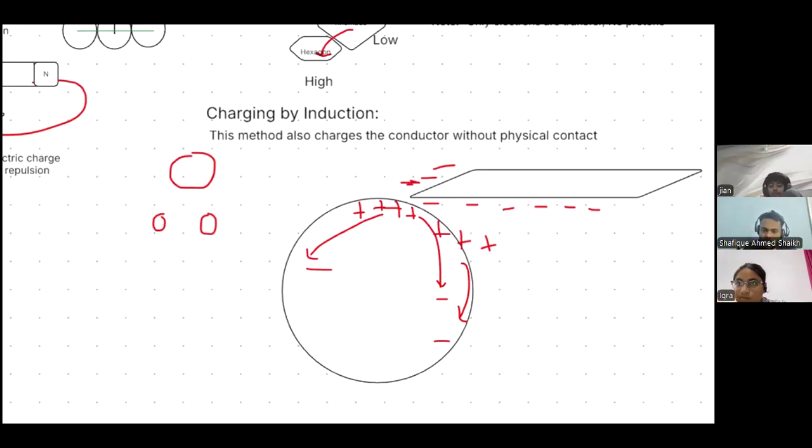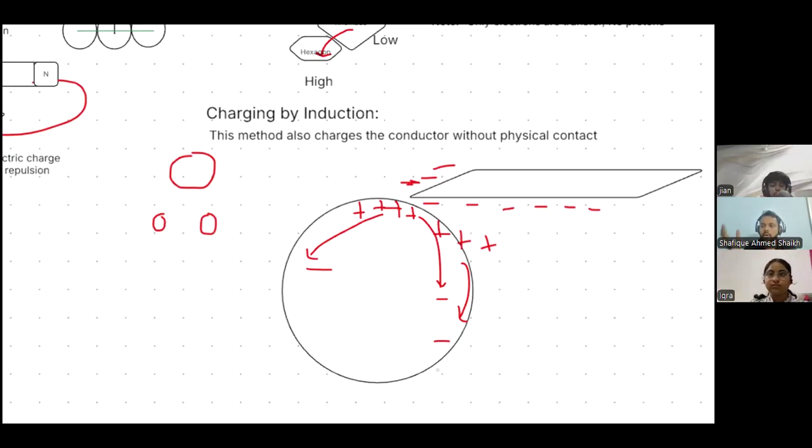Now the third part is, if you remove the earth connection while the charging rod is still held in place, then the remaining positive charge in the sphere will remain as it is.